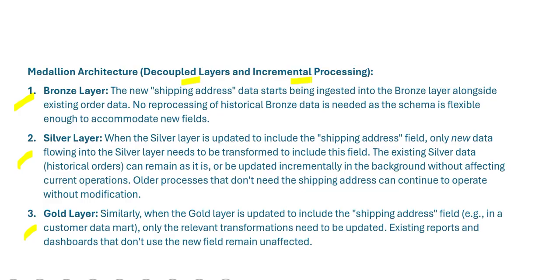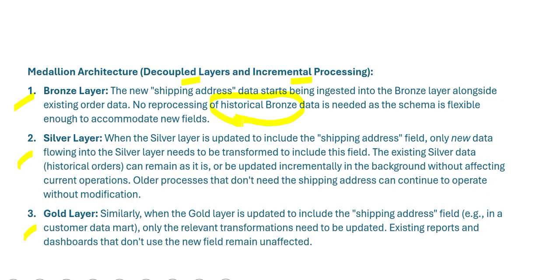What does that mean? That no processing, no reprocessing for historical bronze data, because they were not getting shipped. Customers were picking the rice bags themselves. They were buying, paying for it, and picking it themselves.